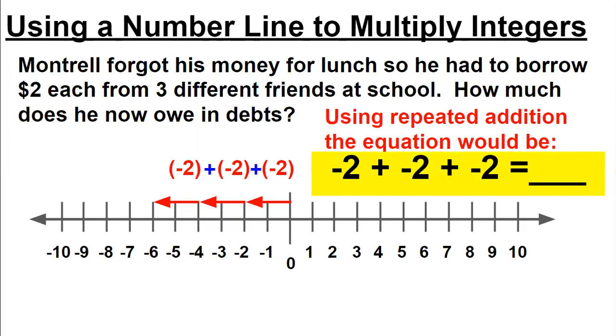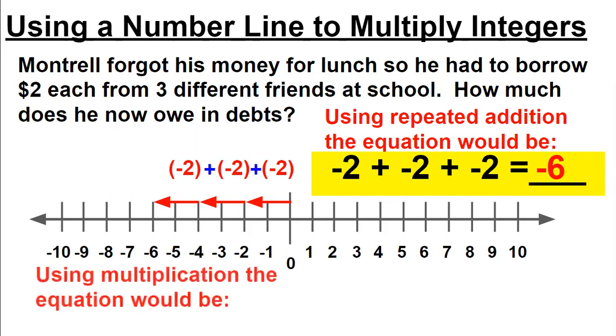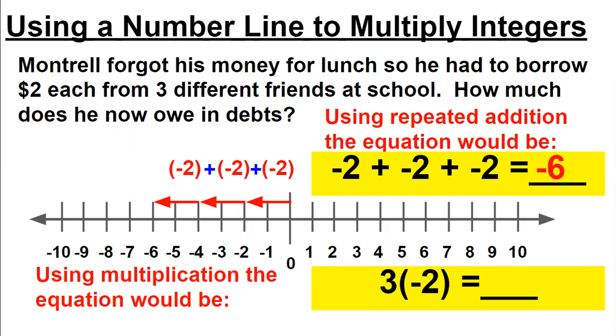So you can use repeated addition, just like that. -2 plus -2 plus -2, right? And we decided that was -6. But this unit is all about multiplying and dividing integers. So is there a way we can rewrite this problem using multiplication? What do you think? Did you come up with 3 times -2?